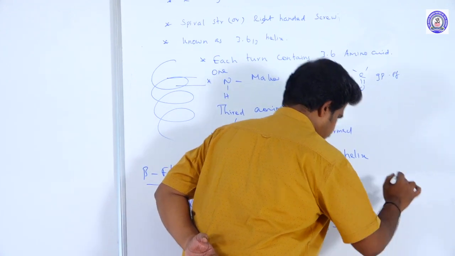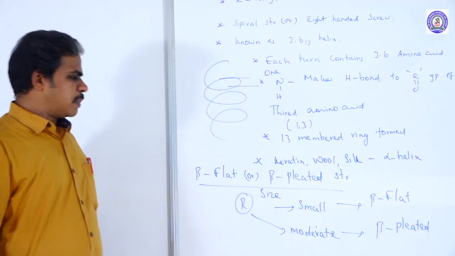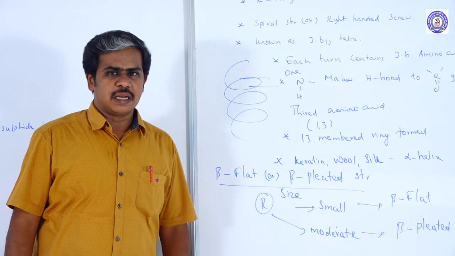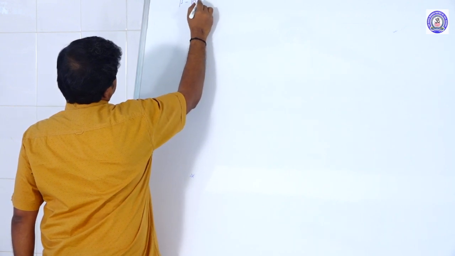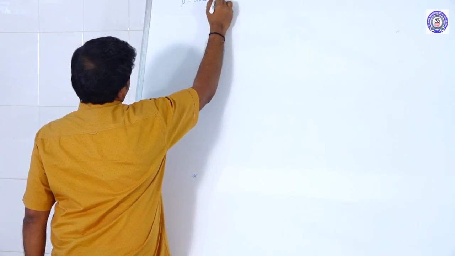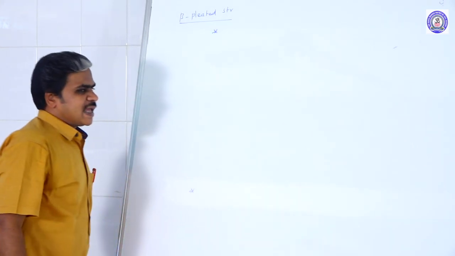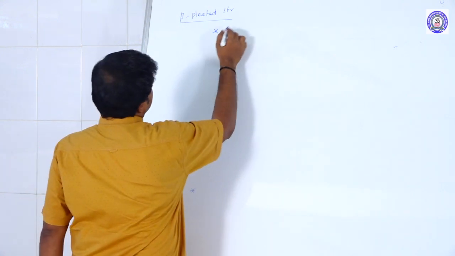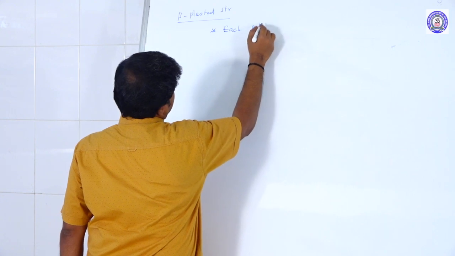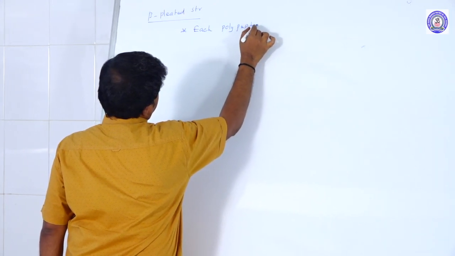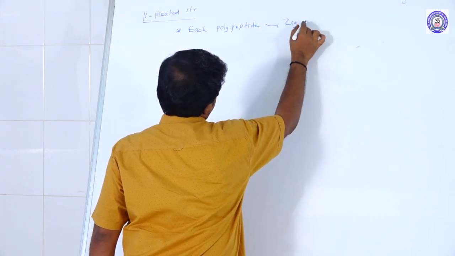So depending upon the size, it may be beta flat or beta pleated. In this beta pleated structure, each polypeptide is in a zigzag manner.